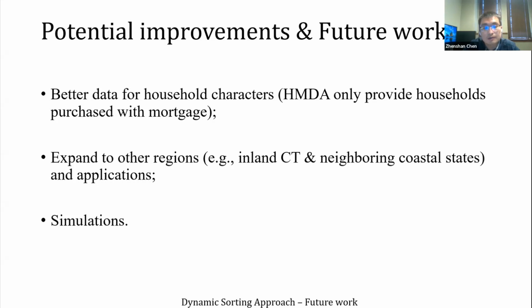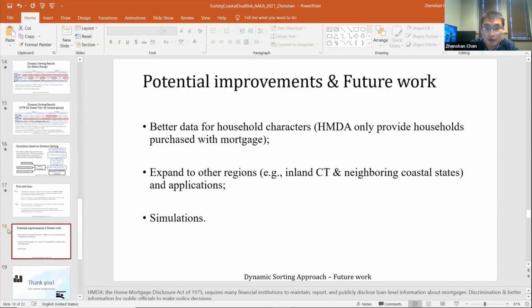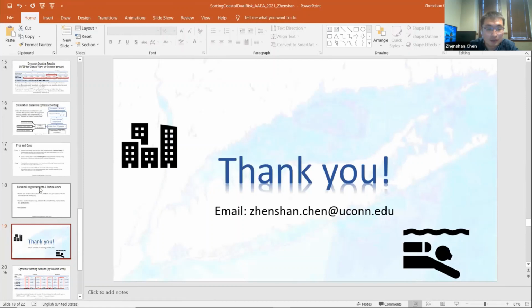Also, we can expand this framework to other regions, like easily to inland Connecticut and to other states. Also, I need to complete the simulation to check what we have for the policies. Any questions and suggestions are welcome, since this is still a work in progress.